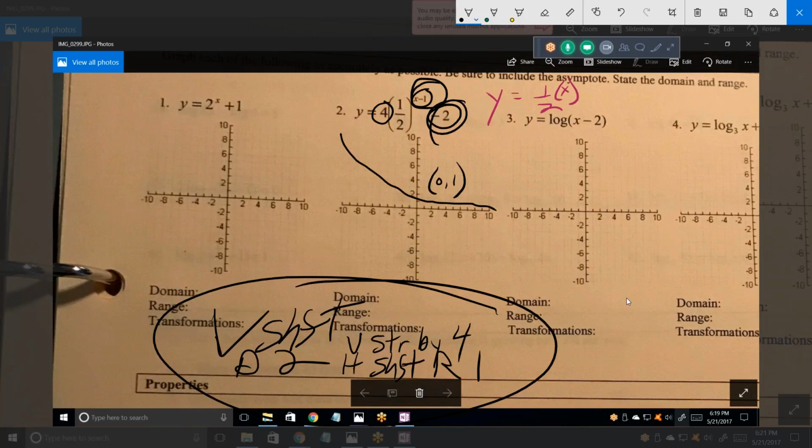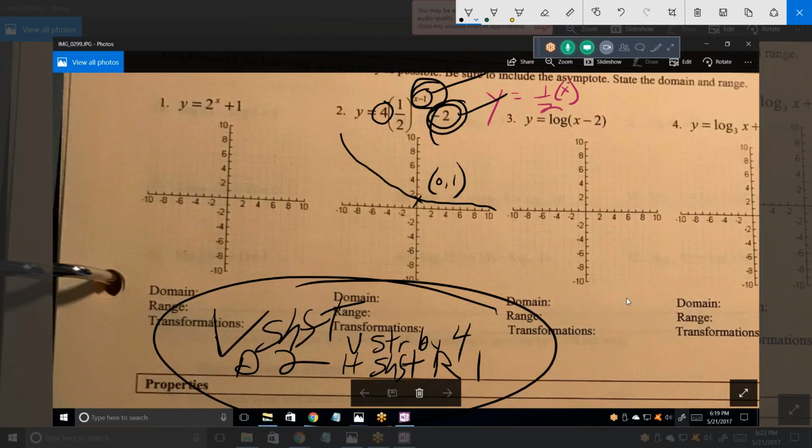So if I'm shifting this 1 to the right and 2 down, what happens to that point right there? It's right 1 because of that, and it's down 2 because of that. So it'd be 1 comma negative 1.